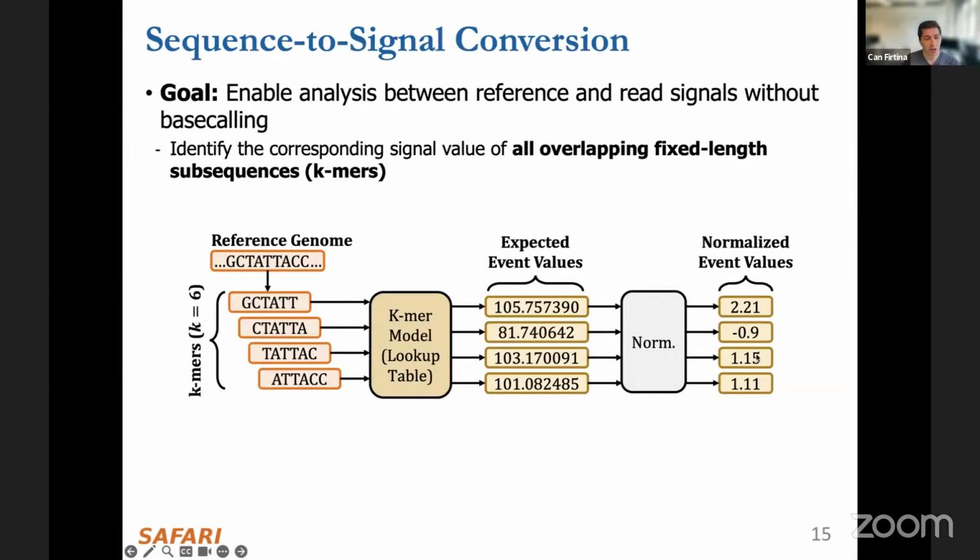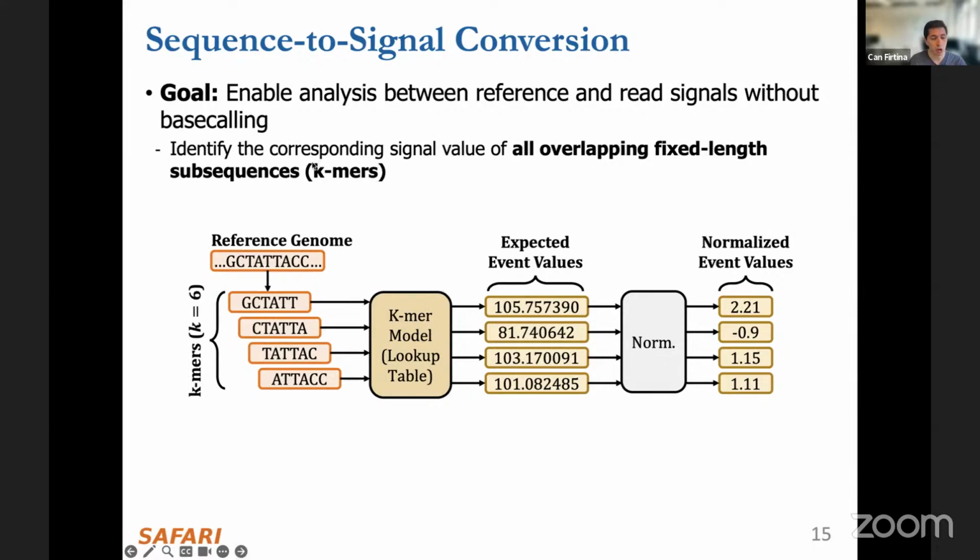So let me then quickly cover how we convert the sequences to signals. Our goal when converting these sequences to signals is to enable analysis between reference and read signals without base calling.